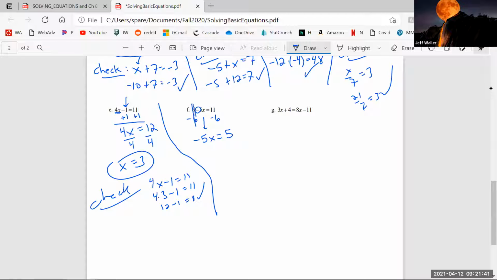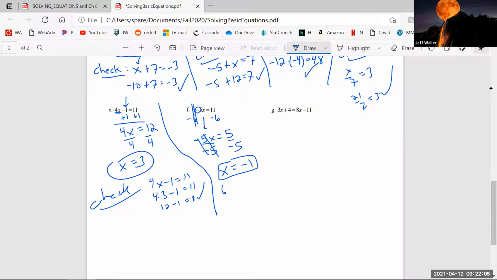All I did was kill the 6. And of course, the last step here is dividing. Divide by negative 5 so that all cancels. So I get x equals negative 1. All right.